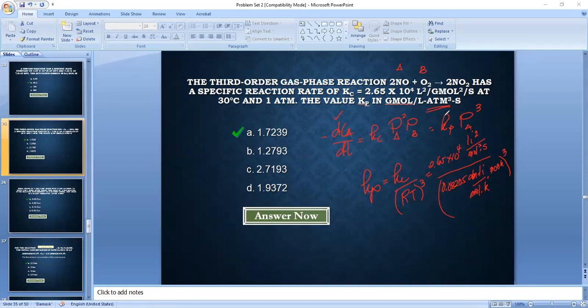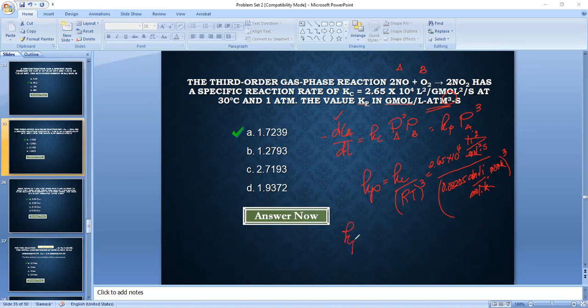This entire expression has to be raised to 3. How did I know that it would be raised to 3? Because of this, it's cubed. So you will have now the cancellation of the mole here. And since this is cubed, the liter squared and the mole squared here will cancel with the liter and the mole here. But there's a remaining liter per mole unit in the denominator together with the atmosphere, which is raised to 3. The remaining unit in the denominator is only liter per mole because you already canceled out the liter squared and the mole squared in the numerator.